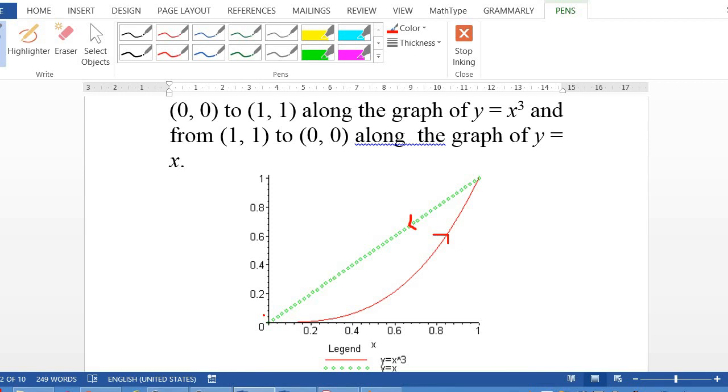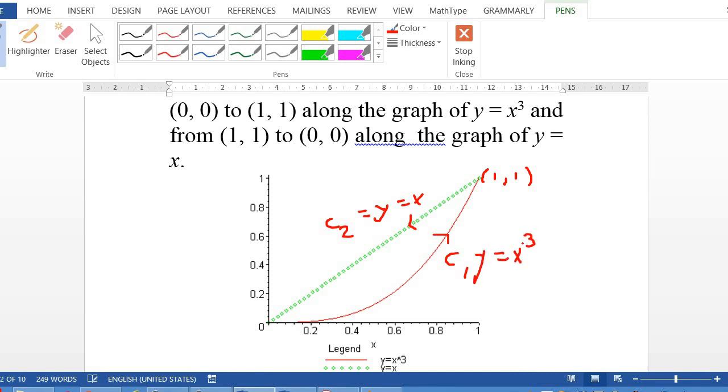Remember in the last lectures on line integrals of piecewise smooth curves, the curve C actually consists of C1, which is on the curve y equals x cubed from (0,0) to the point (1,1), and then from point (1,1) go back to (0,0) along the graph C2, which is y equals x.